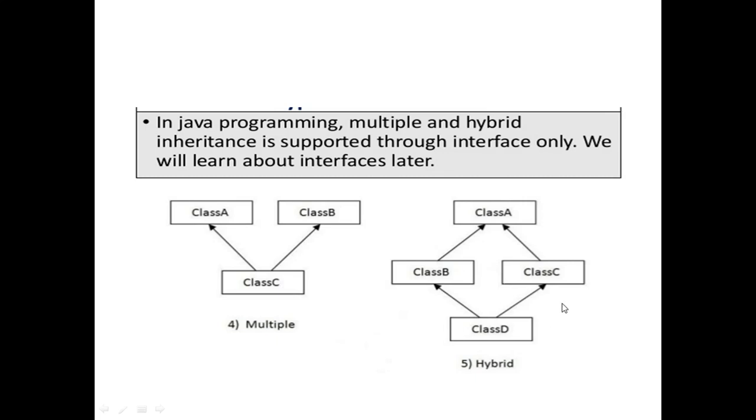Now the same problem occurs in hybrid inheritance. Class A, then class B and C having properties of A, but D also has properties of B, C and A also.